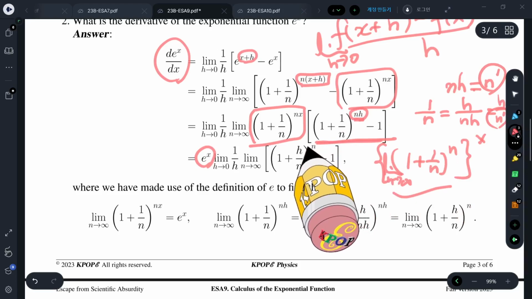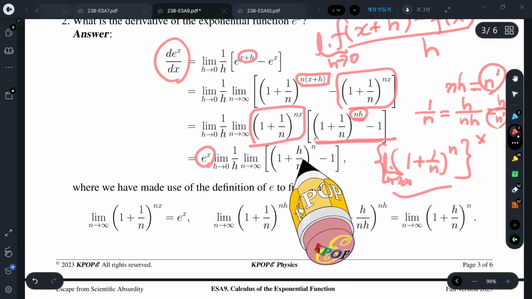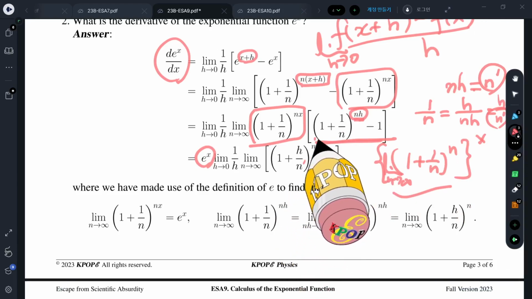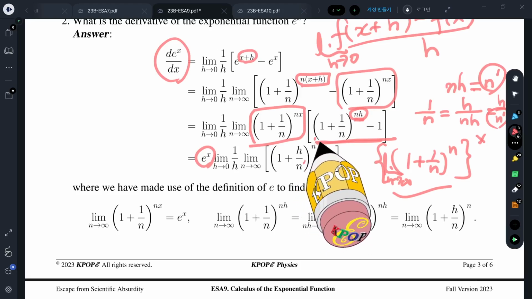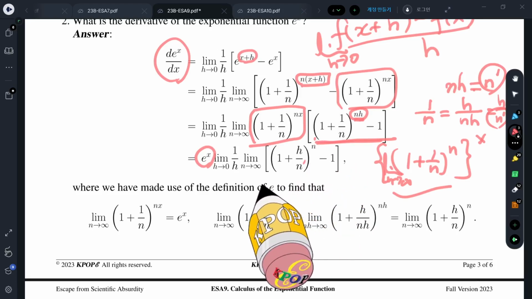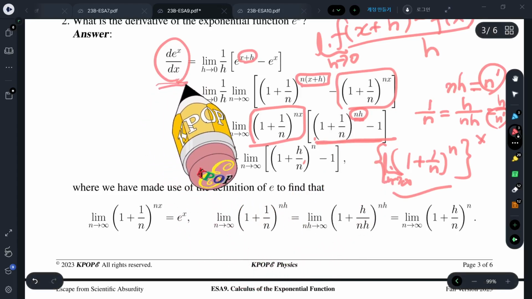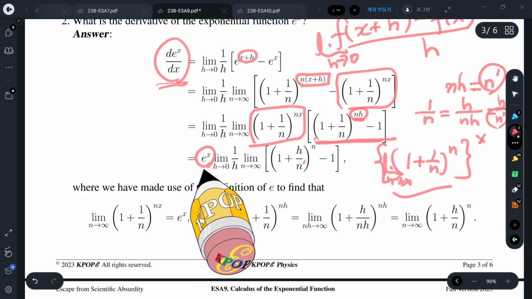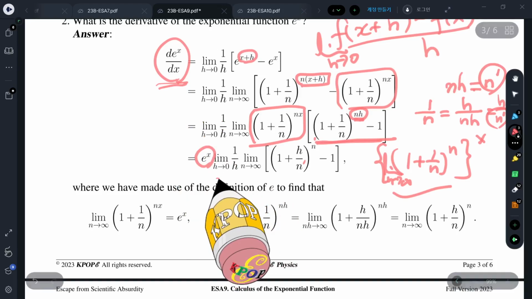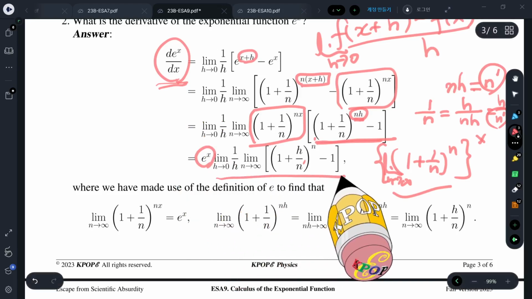So this one is n prime and n prime, and we can still rename n prime back to n. So we have simplified: the derivative of the exponential function is the exponential function multiplied by this limit. What is this limit?